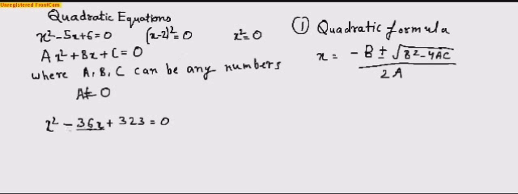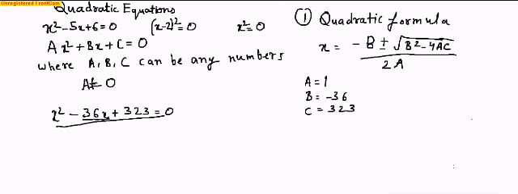For example, in the equation we are talking about, a is equal to 1, b equal to minus 36, and c equal to 323.